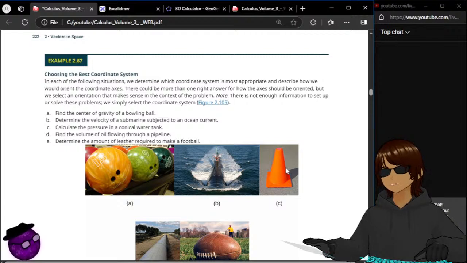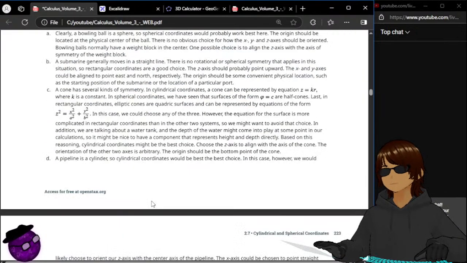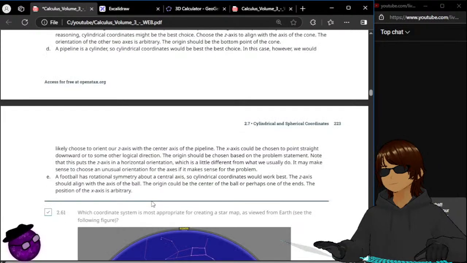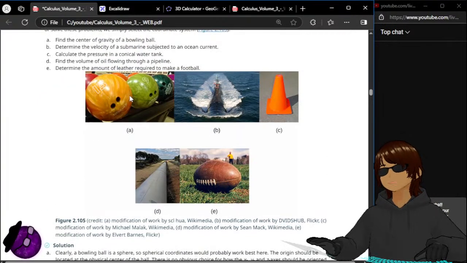Determine the amount of leather required to make a football. I think the cylindrical one would be better. Find the volume of oil flowing through a pipeline. I think over here the cylindrical one would be better. Is the spherical one only useful in sphere related problems?